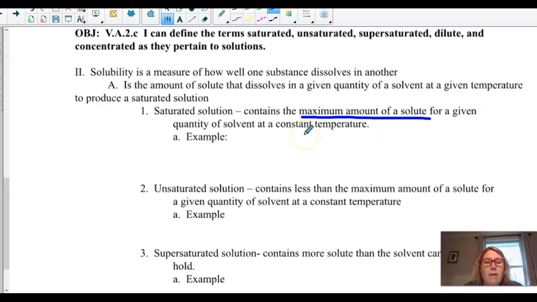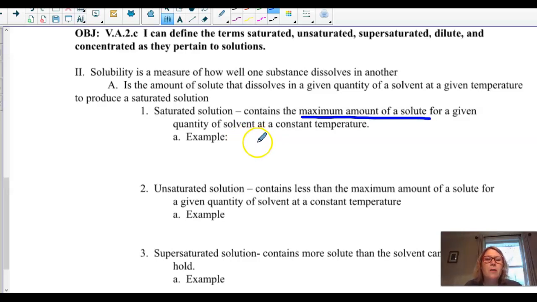We make these in our homes all the time. An example would be when you make Kool-Aid. If you made Kool-Aid when you were younger and you put sugar in it, you would see the sugar at the bottom, even if you kept stirring it.